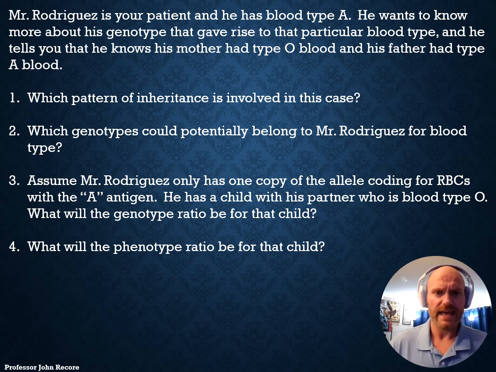What that means is that if I get the type A allele and I get lowercase i for type O, my phenotype is going to be type A blood. The only way I can get type O blood is if I get two copies of that lowercase i allele that gives rise to no antigens present on the red blood cells.